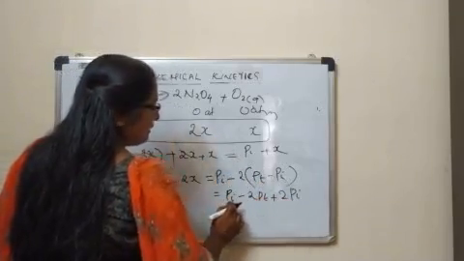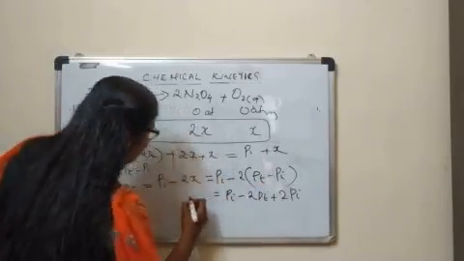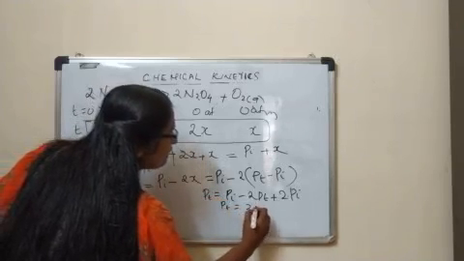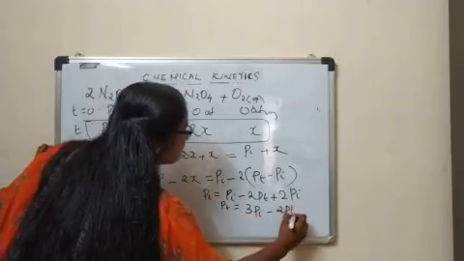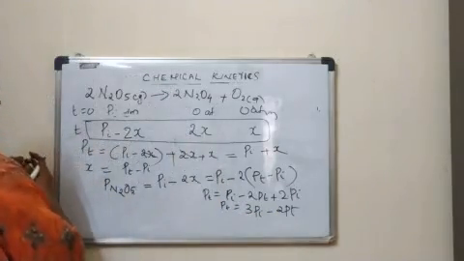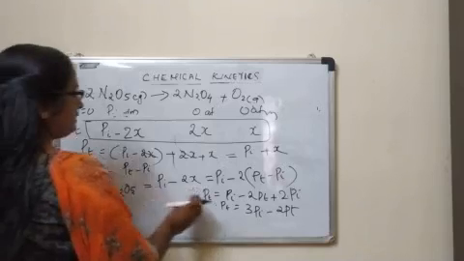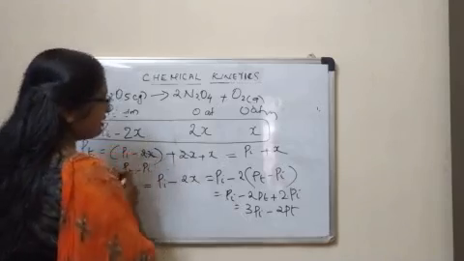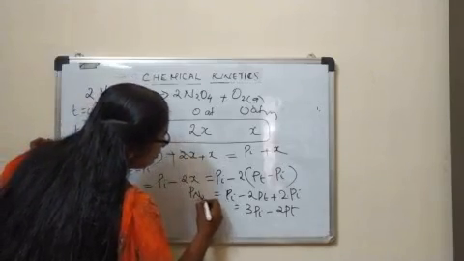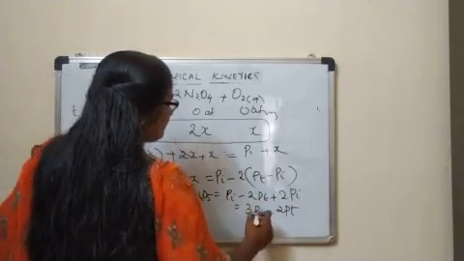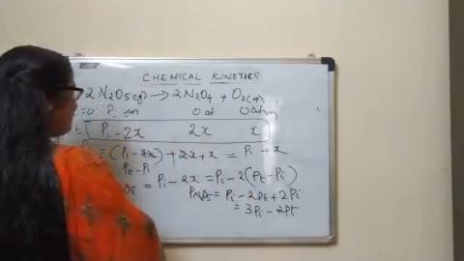Pi and 2 Pi we can add together, resulting in 3 Pi minus 2 Pt. So the pressure of N2O5 is equal to Pi minus 2 Pt plus 2 Pi, which is equal to 3 Pi minus 2 Pt.